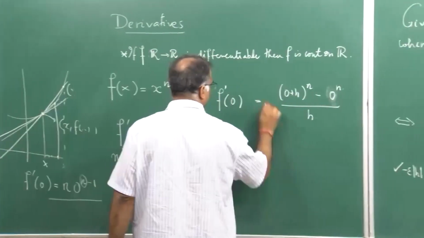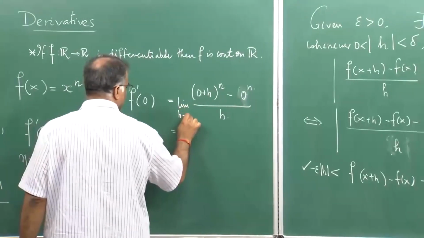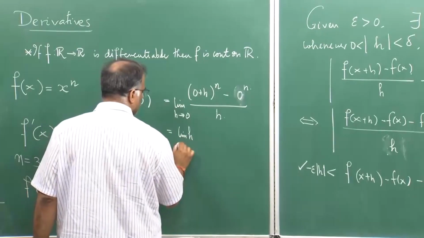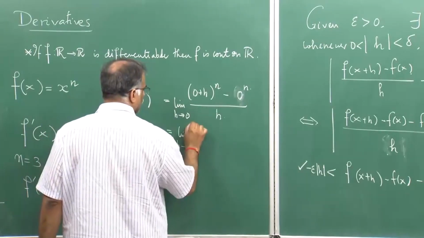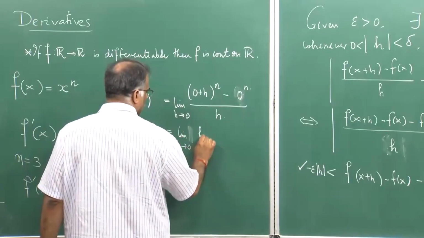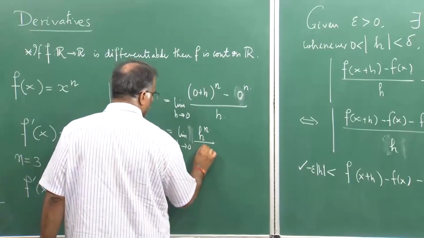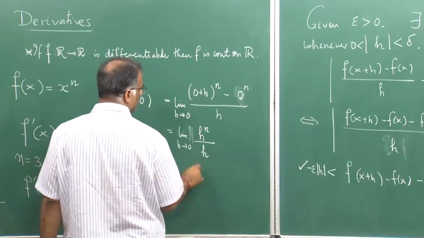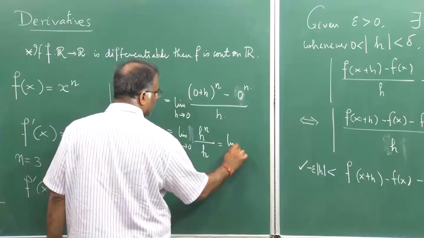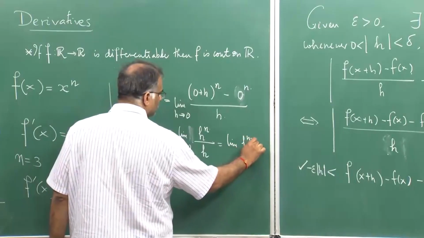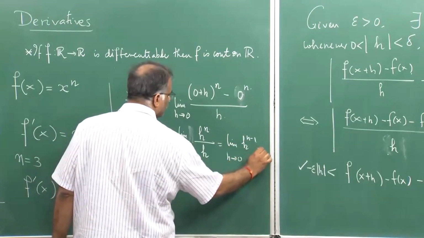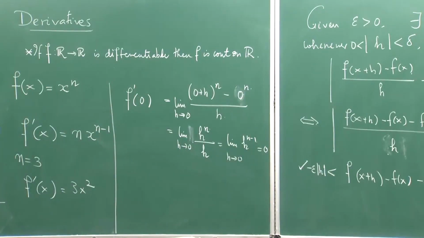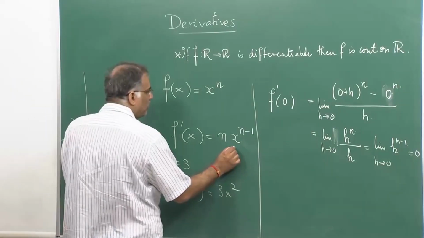So basically you have the limit as h tends to 0. So here you will immediately have, this is nothing but the limit, h is not 0, and that will give you 0 if n is bigger than 1. If n is not bigger than 1, then you will have a problem with this definition.